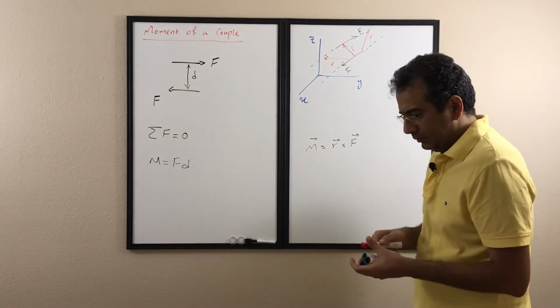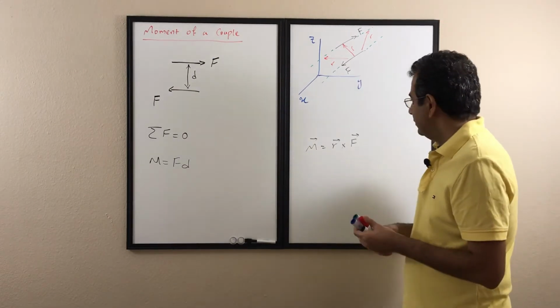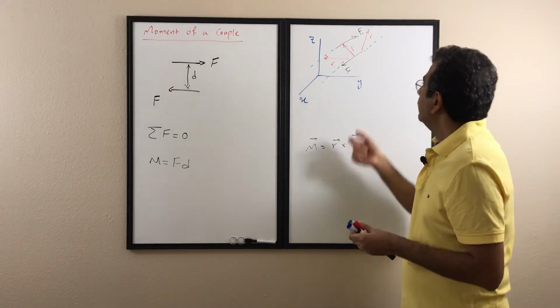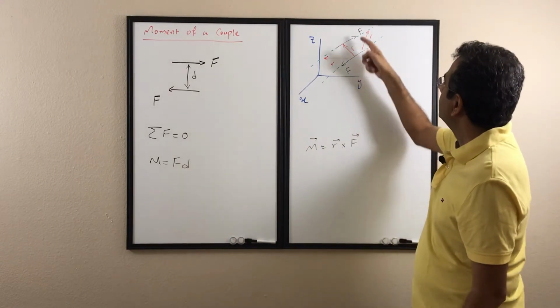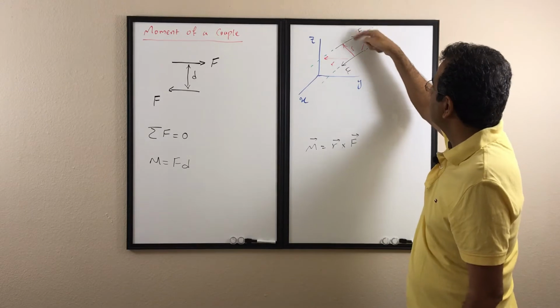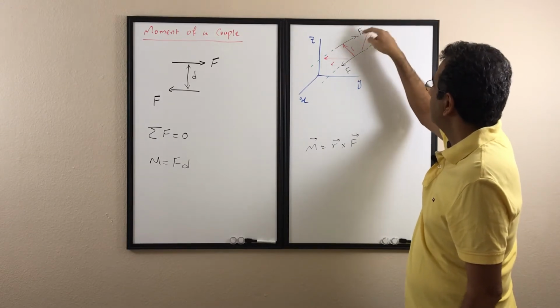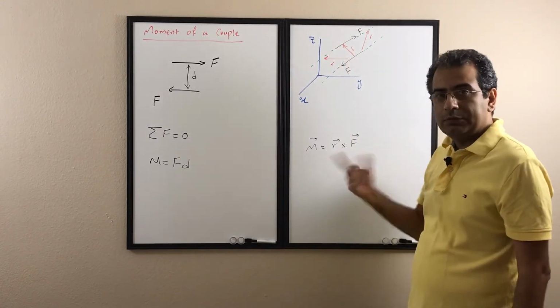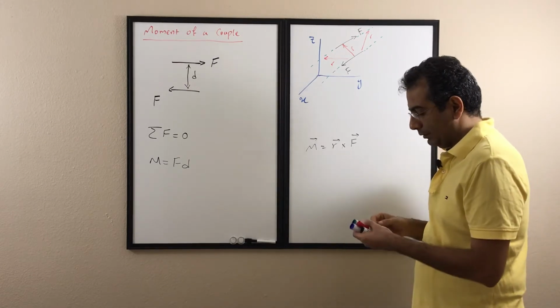The other point to think about is that, because r is a vector, which of the two forces am I going to use? Do I use the top force or the bottom force in my calculation?